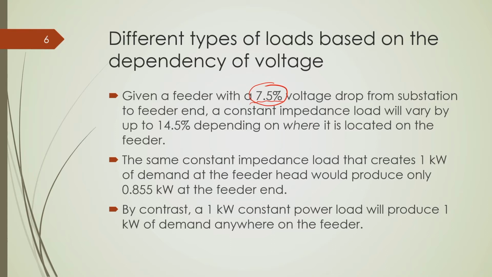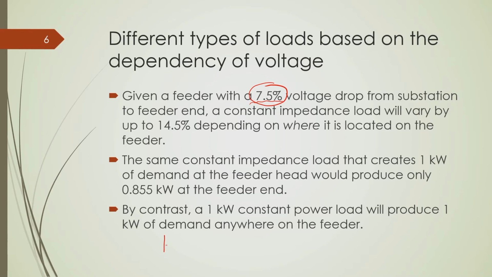Due to that, it is not possible to have a uniform voltage profile throughout a distribution feeder. So, there would definitely be a voltage drop. The customers located near the feeding point or source point will have a higher voltage. If I draw a small feeder like this, here is our substation or feeding point, and here we have different loads.